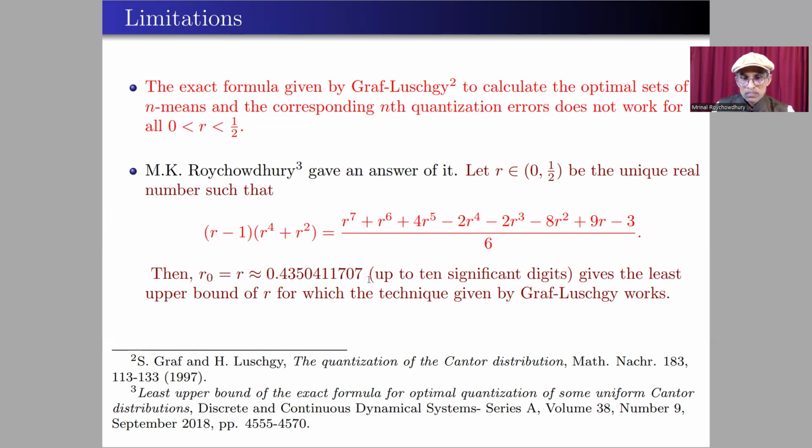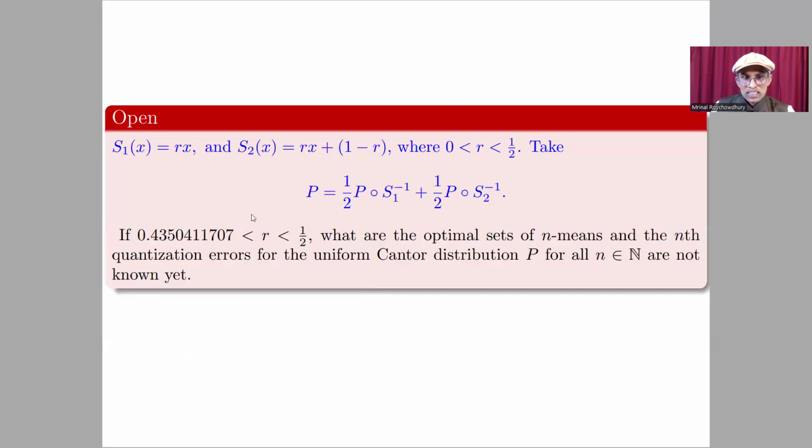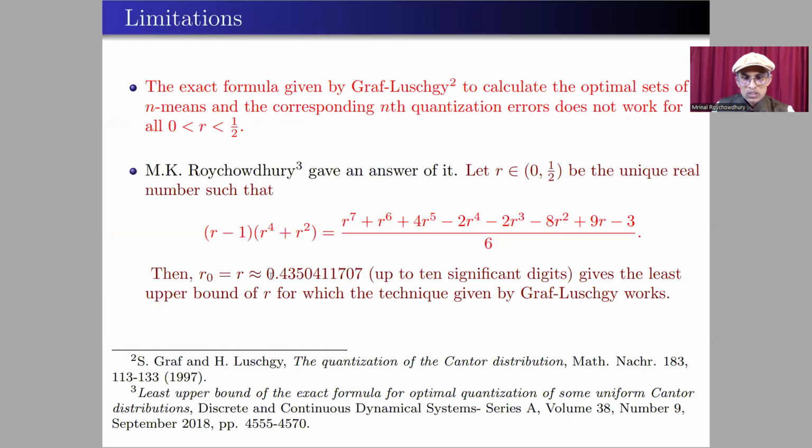Then what happens next? Open problem. Let S1(x) equal r x and S2(x) equal r x plus 1 minus r, where r lies between 0 and 1/2. Then take P equal to this. The least upper bound we got is 0.4350411707.